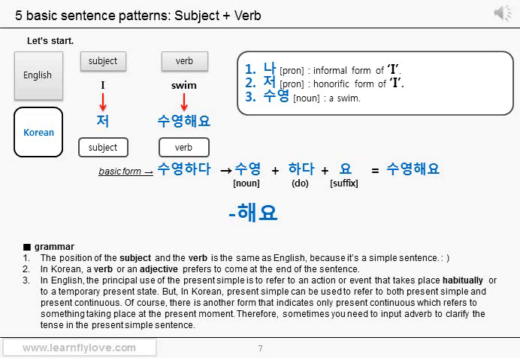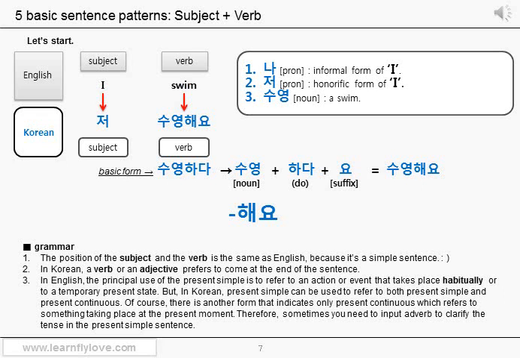Let's move on. The position of the subject and the verb here is the same as in English because it's a simple sentence. We call verbs like swim an intransitive verb. The action taken affects only the subject of the sentence. In other words, it is the subject who takes the action. Only intransitive verbs can make the pattern number 1 sentence in English.